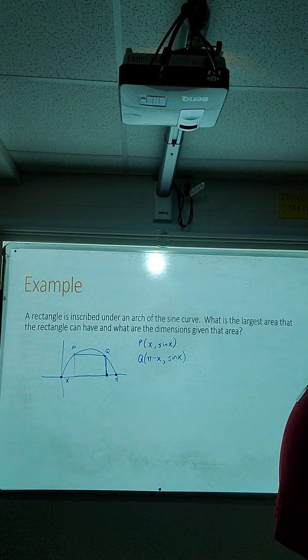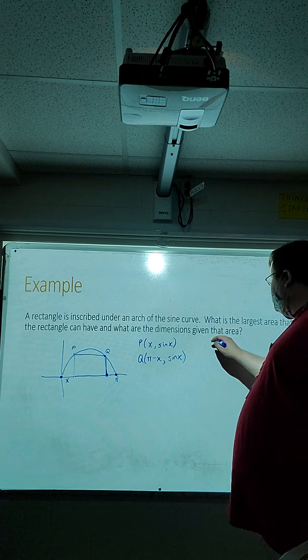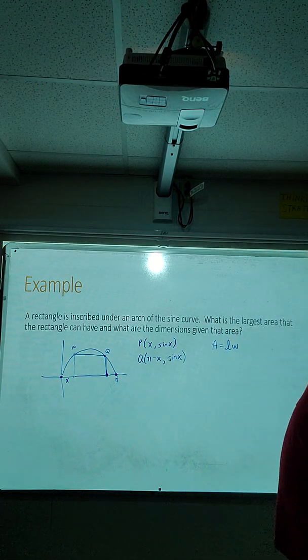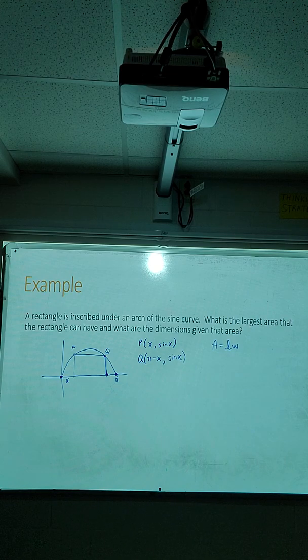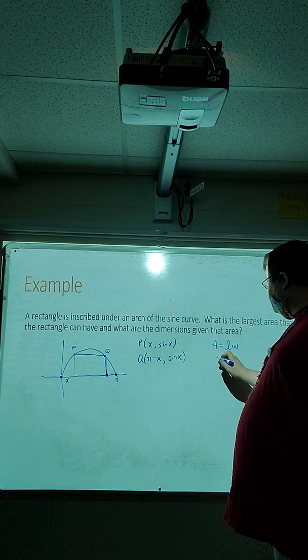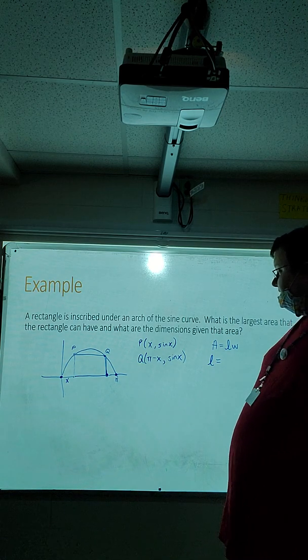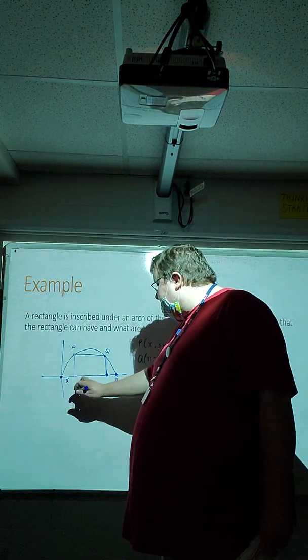Now we're trying to maximize the area. We know the area of a rectangle is length times width. So if I'm trying to maximize area, I need to write length and width in terms of x. Well, the length of this rectangle, that'd be this distance right here.